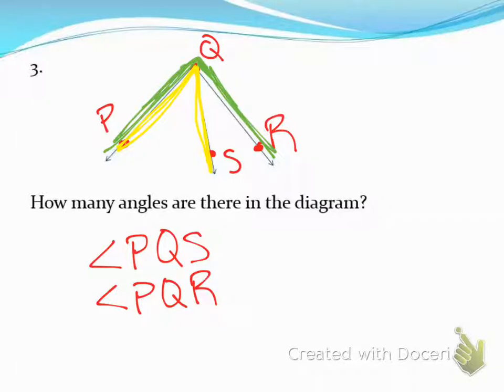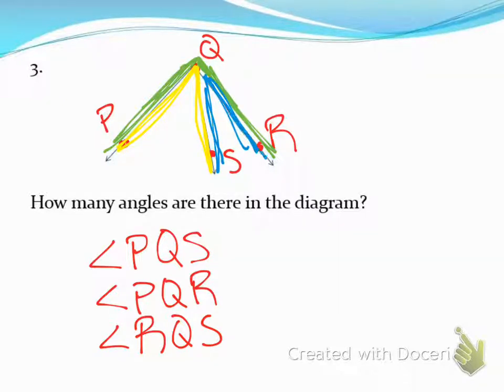RQS is another one. So angle RQS. Are there any other angles there we have not named? So if those are all of the angles present, how many did we have? 3 of them.